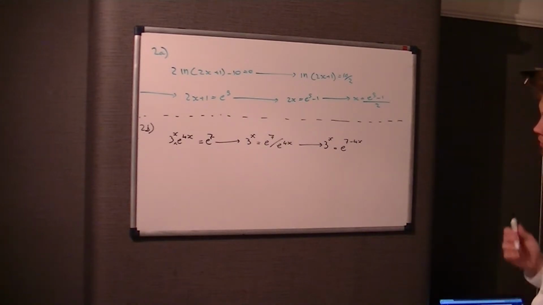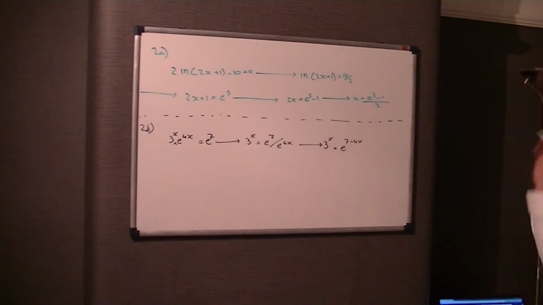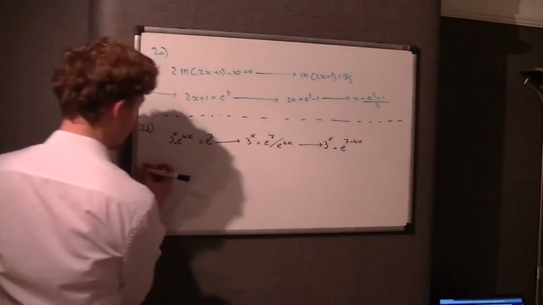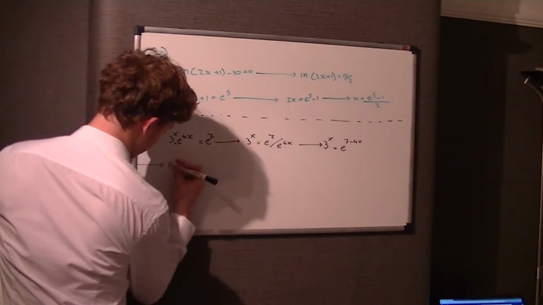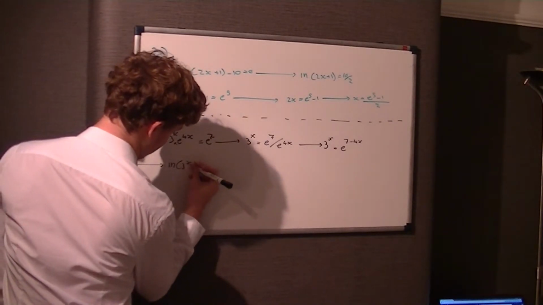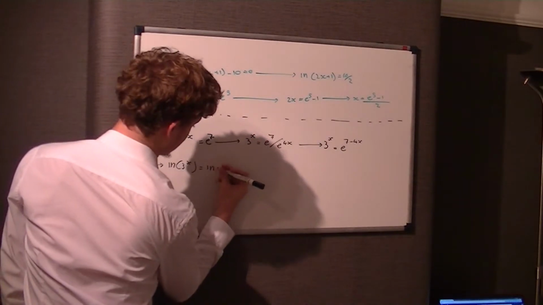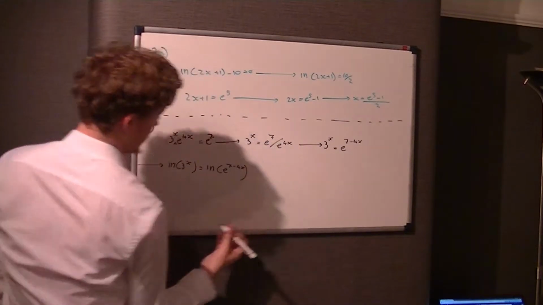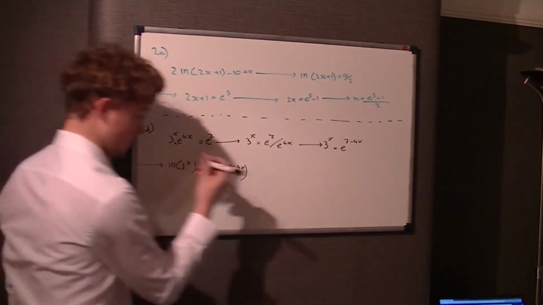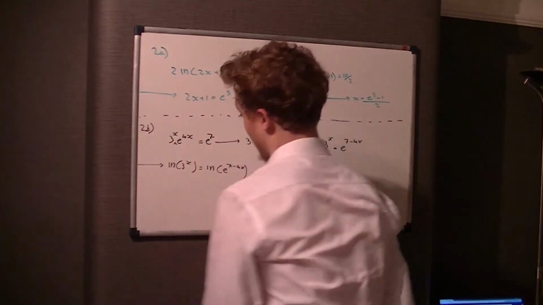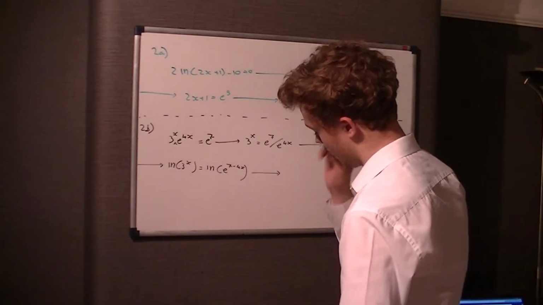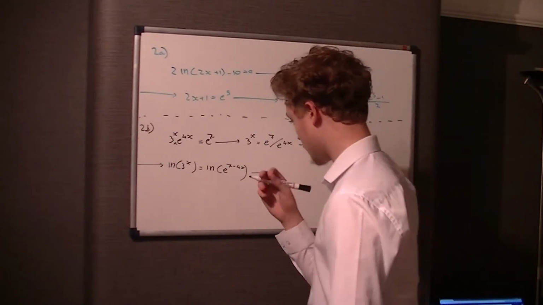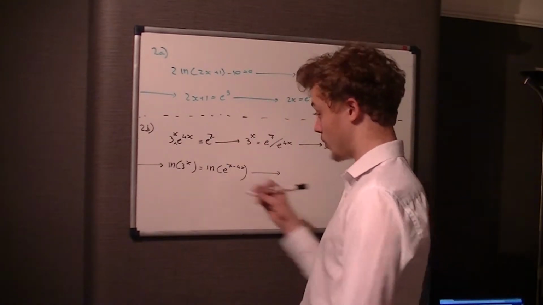So what we do then is ln both sides. That gets us the ln of 3 to the power x equals the ln of e to the power 7 take 4x. Because those are powers, we use our indices log rule, that ln of a to the power x equals x ln a.